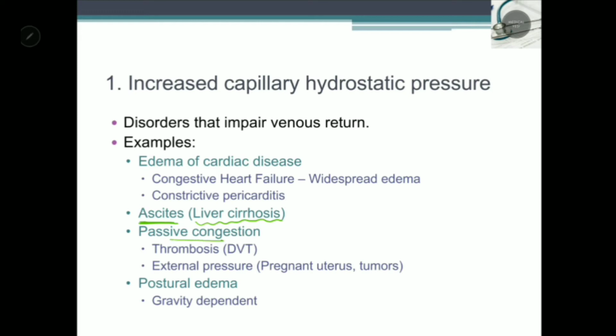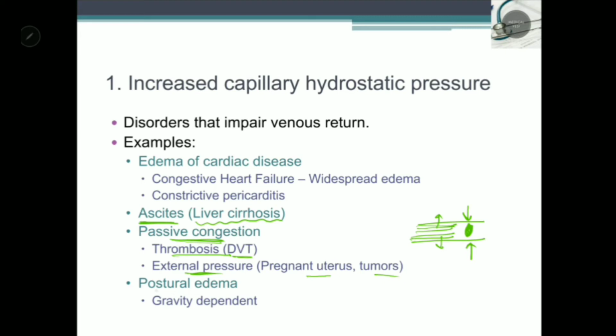Even in passive congestion, which means if this is a vessel and it gets blocked somehow due to internal reasons or due to external pressure, the fluid gets retained in this part, right? And ultimately it will leak out, causing edema. So passive congestion may happen in thrombosis, DVT, which is deep venous thrombosis, or due to external pressure like a pregnant uterus or tumors pressing on the veins.